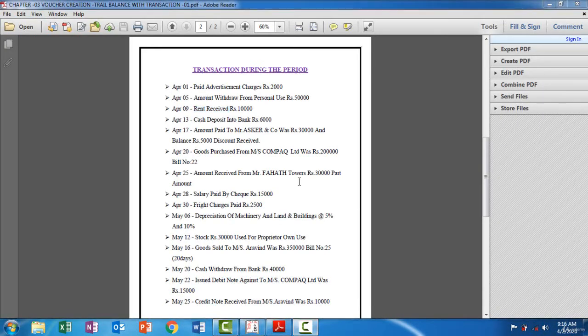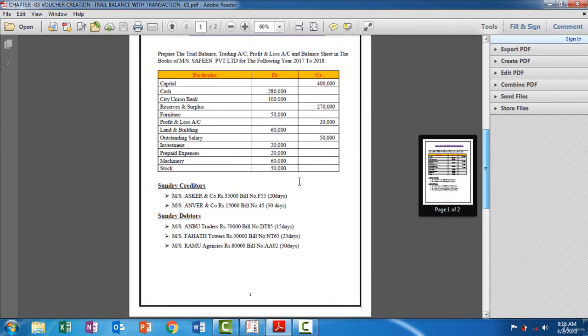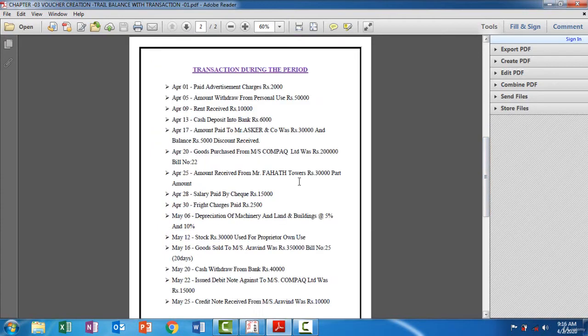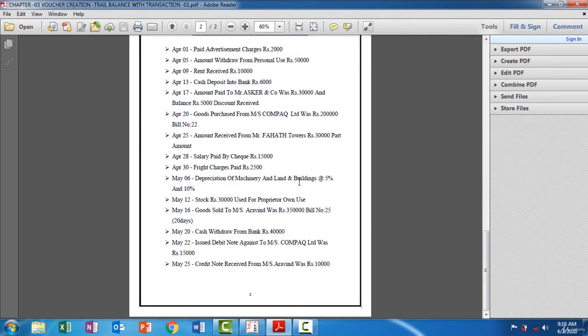The next one is April 17, amount paid to Asker Co Company was 30,000 and balance of 5,000 discount received. You can see in the Sundry creditors, Asker Co Company 35,000 we have to pay. In this 35,000 we paid 30,000 as cash and 5,000 discount we received.